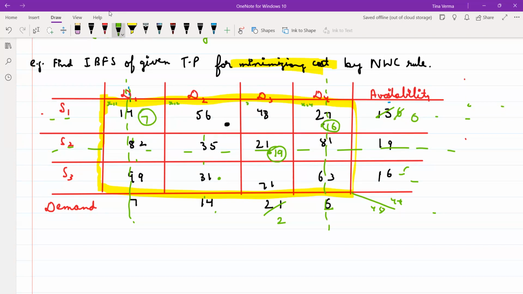Now what is the next minimum cost? 31. Minimum of 14 and 16 will be 14. So what you will cut, row or column? 16 minus 14, that will be your 2. What is next minimum cost? 48. The minimum of 0 and 2 is 0.